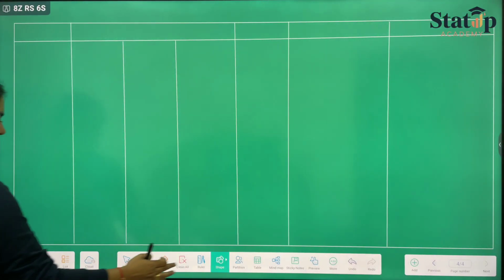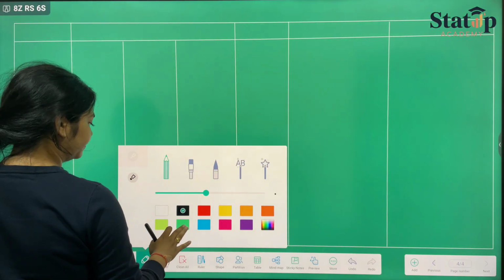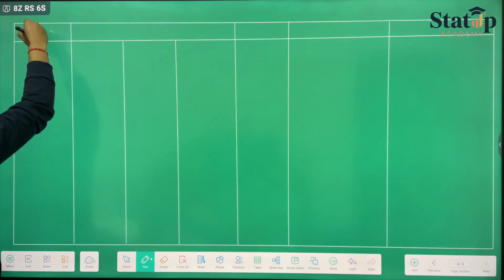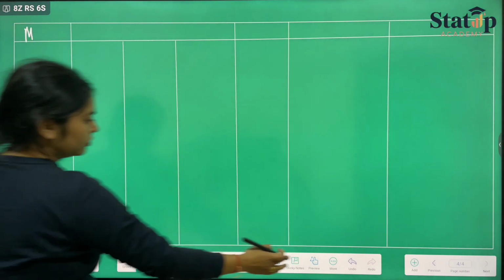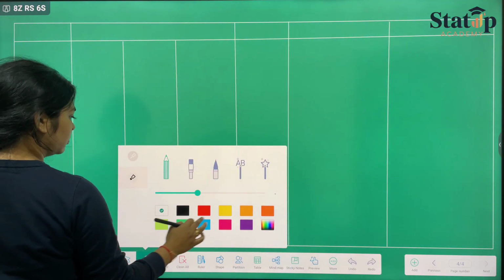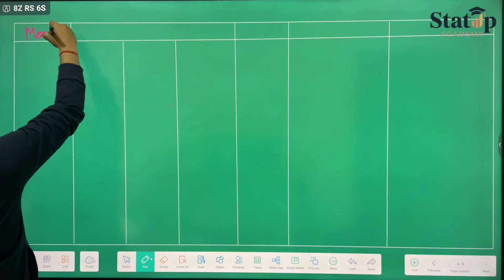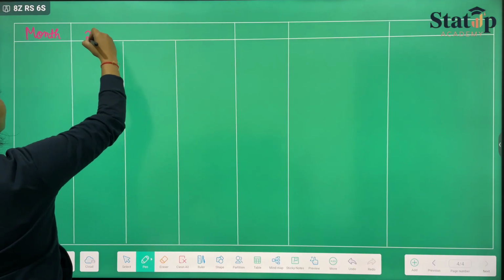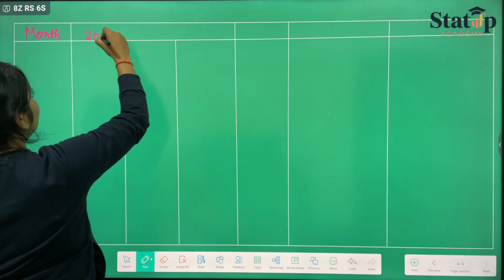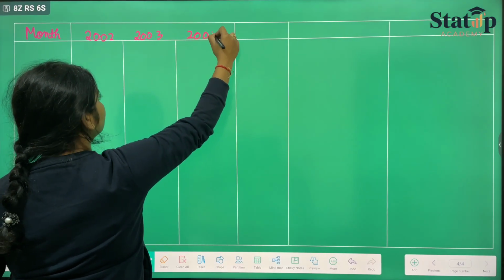The question says that we have been given the month, then according to month, we have been given the data for 2002, 2003 and 2004.